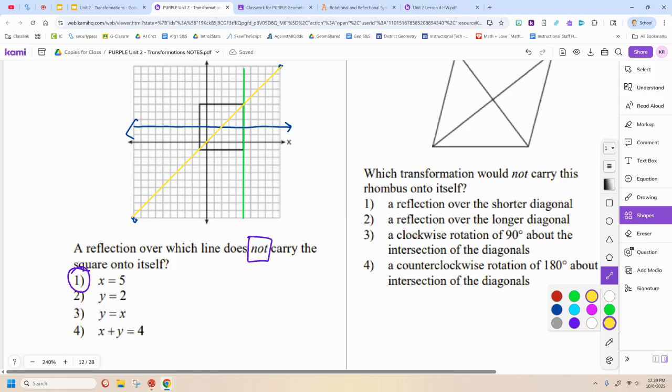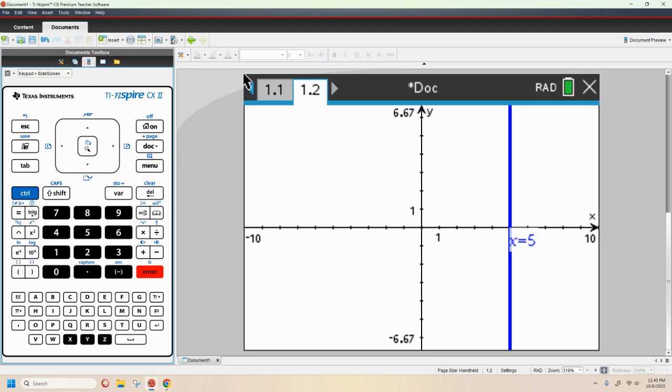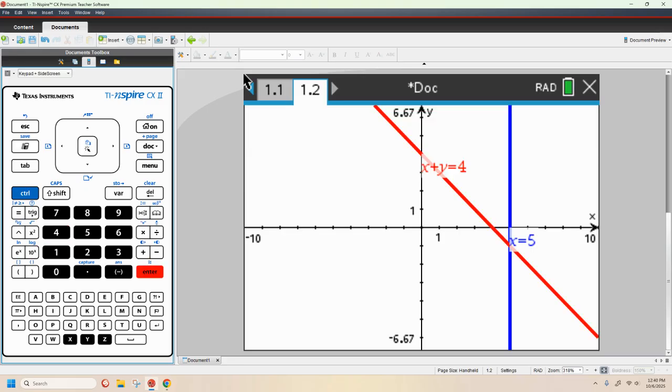Then there's this last line, x plus y equals 4. Let's talk about some strategies for this. Could you just put this in your calculator to see where it goes? Sure. So if I go to my calculator, how do I get the line back? What key do I hit to get back the thing I need? Tab. Very good. So if I hit tab and type in x plus y equals 4, now it's the downhill one.